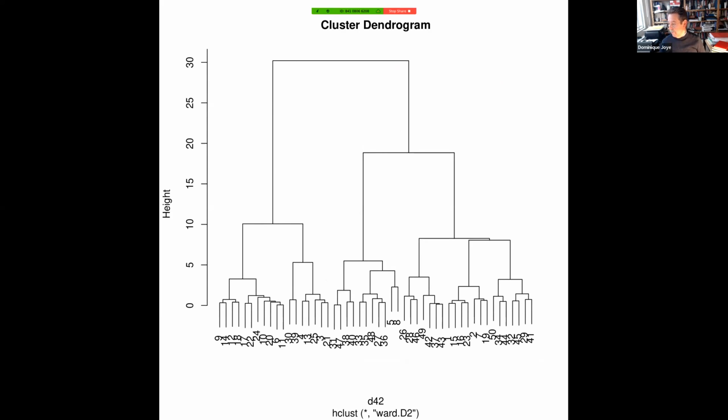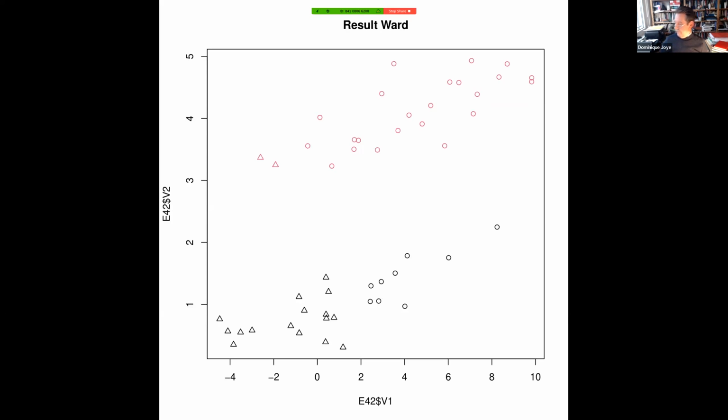According to this, we have more the impression that there are three or more groups than two. And you see that we have circles on the right and triangles on the left. So in such a case, the Ward method will try to have one circle or one ellipse to the right, one circle or one ellipse to the left, but is not able to find the structure of the two ellipses that we have at the beginning.